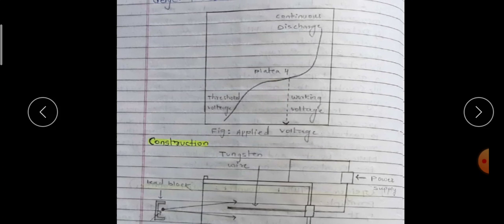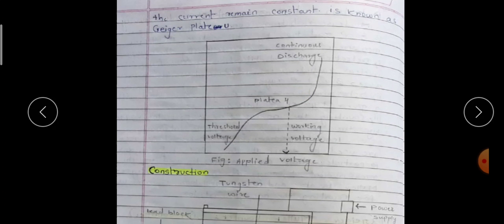In the diagram, you can see that after the threshold value it keeps increasing, but at the Geiger plateau it is constant, then again there is an increase, meaning continuous discharge after the Geiger plateau. At the plateau you can extrapolate to the voltage, and that will be the working voltage. This is the principle of the Geiger-Müller counter.